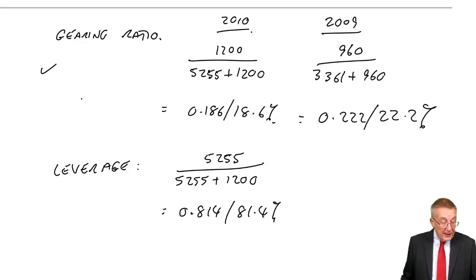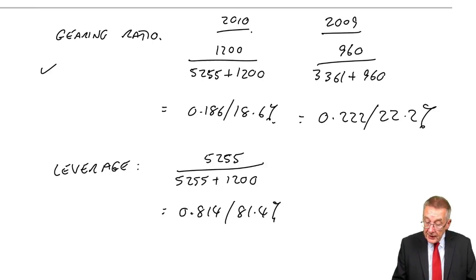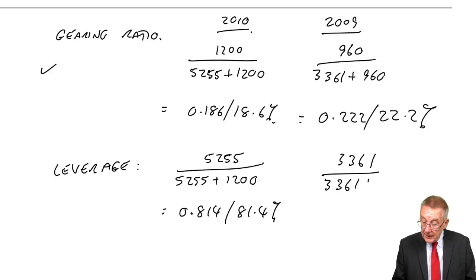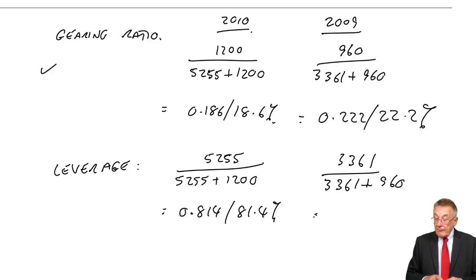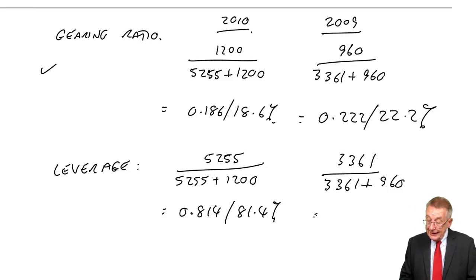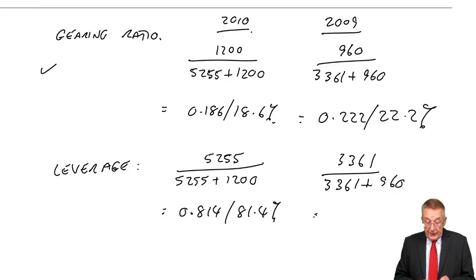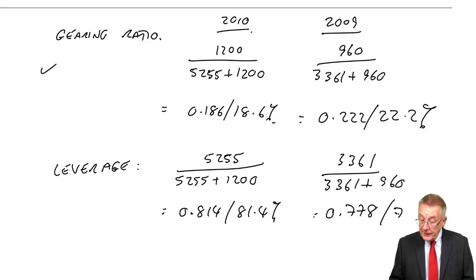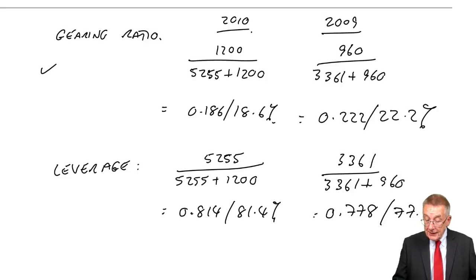Finally, what about 2009? Equity 3361, 3361 plus 960. 3361 divided by 4321 is 0.778, 77.8%.